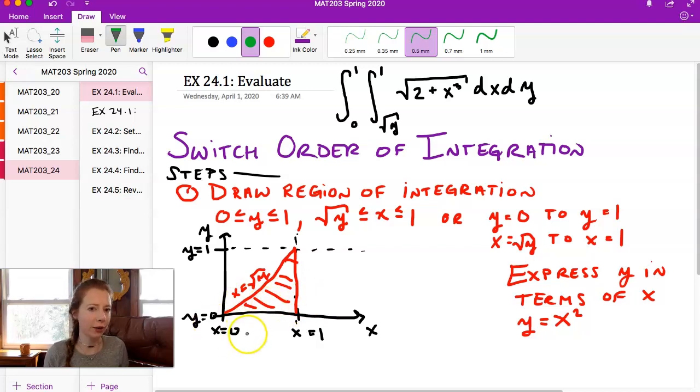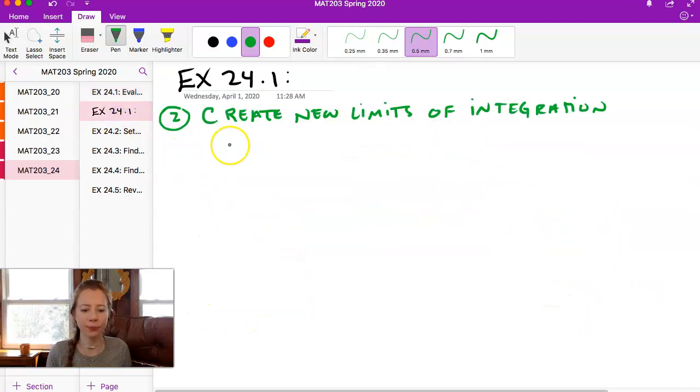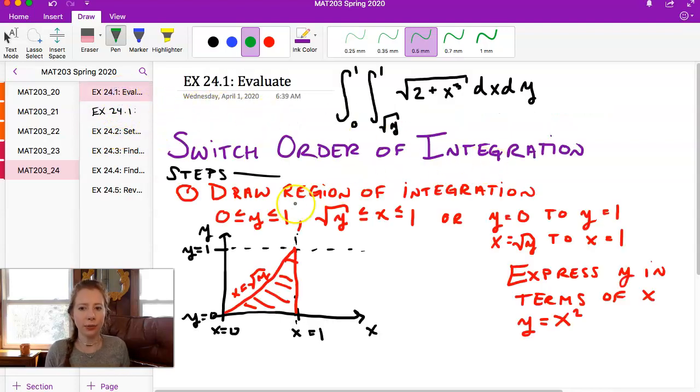So looking back at our plot, in terms of x, we're going from x equals 0 to x equals 1. So 0 is less than or equal to x is less than or equal to 1. And then we have to set up our new limits of integration for y. And so for y, we're going from y equals 0 all the way up to y equals x squared.